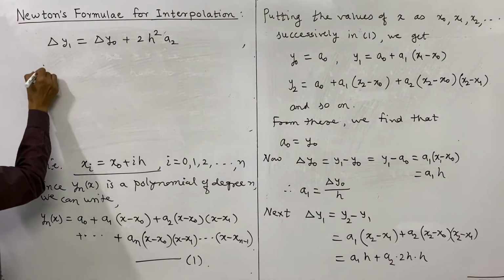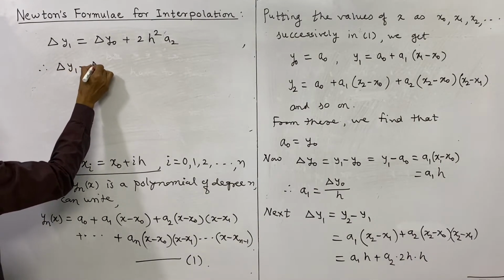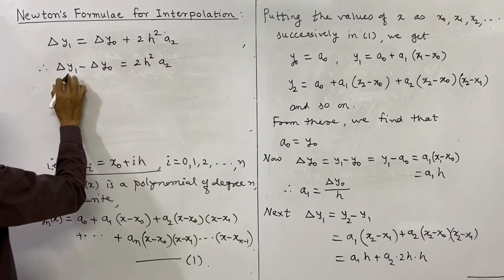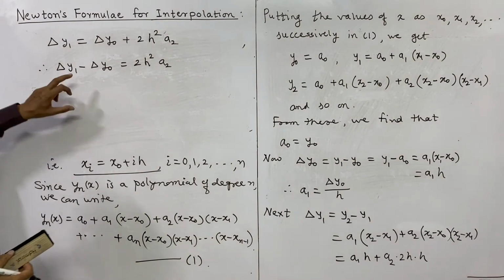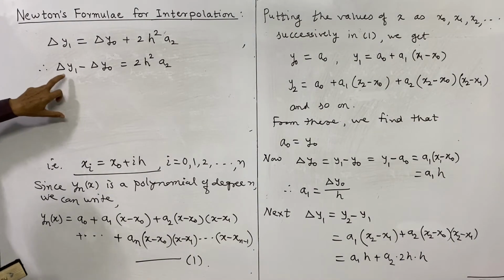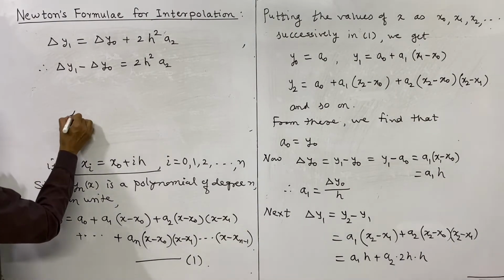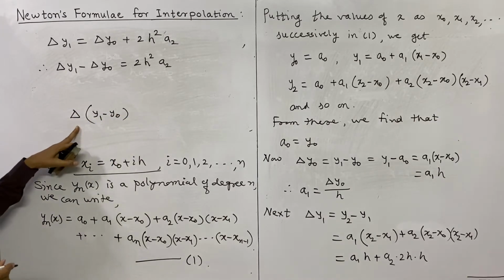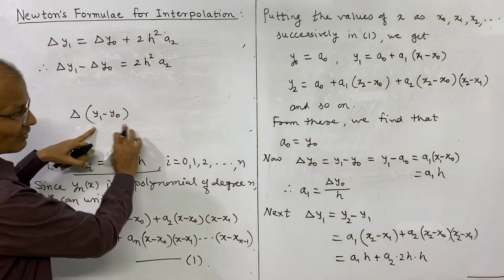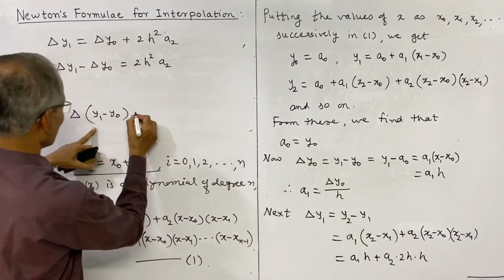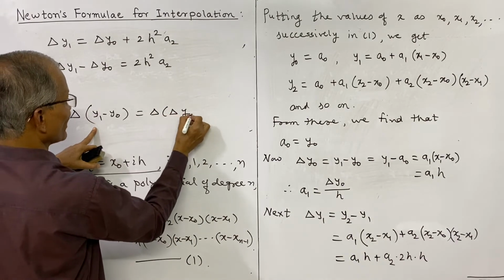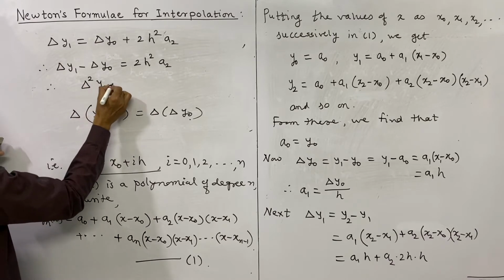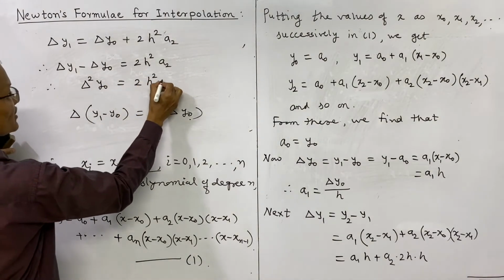From that we can have delta y1 minus delta y0 is equal to 2h square into a2. But what is this? This is the second difference at y0. Delta can be taken common. What remains in bracket, y1 minus y0, and what is y1 minus y0? It is delta of y0. So therefore delta square at y0 is equal to 2h square into a2.